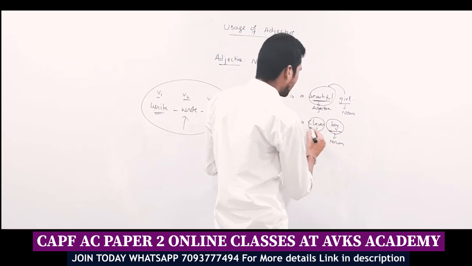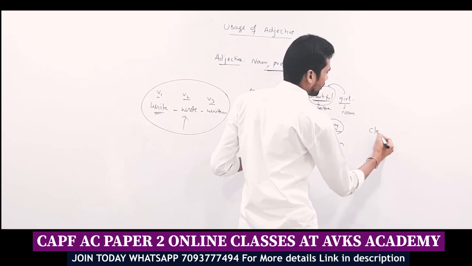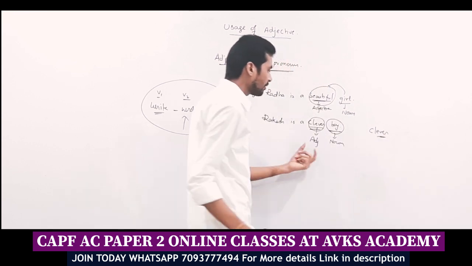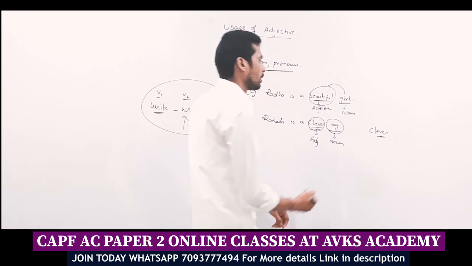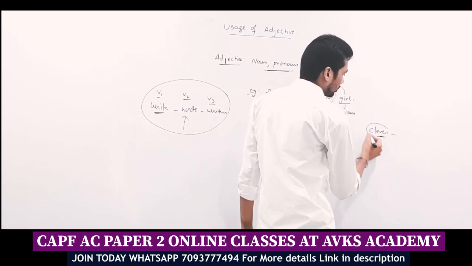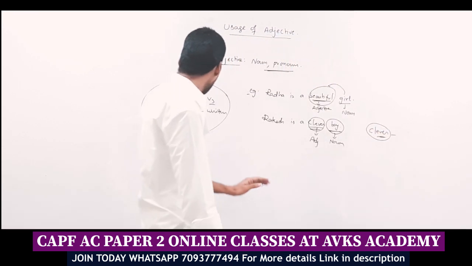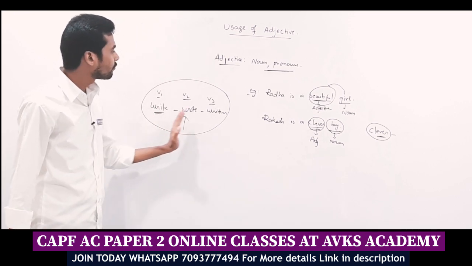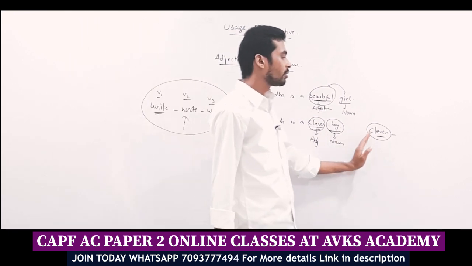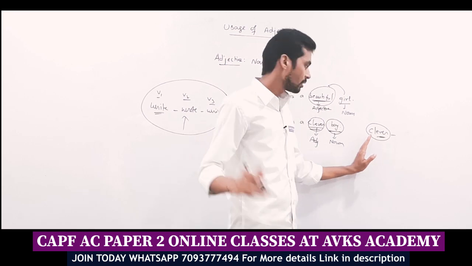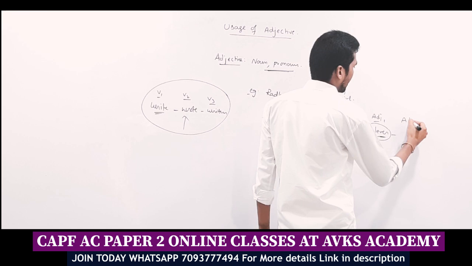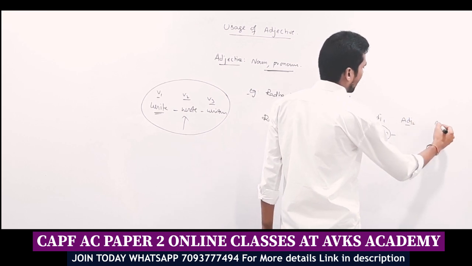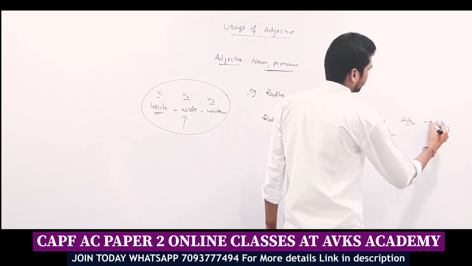Let me take this one, clever. Which part of speech does it belong to? It is an adjective. Like how we had different verb forms, in adjectives also we have different forms. This is called adjective first form, then adjective second form and adjective third form.